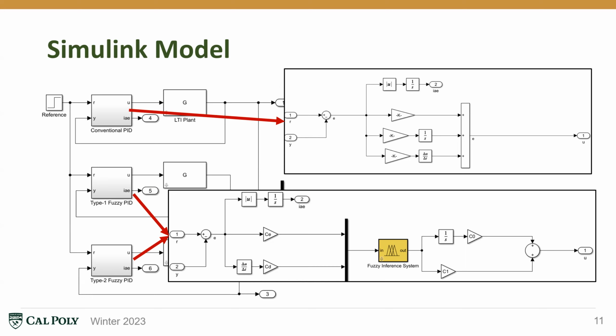As you can see, the error is passed in and multiplied by the normalizing factor, then passed into the fuzzy inference system, and finally output to the factor that scales the fuzzy logic output to the system scale.